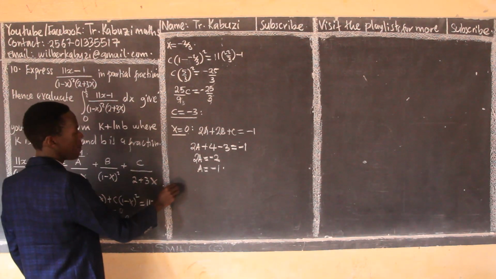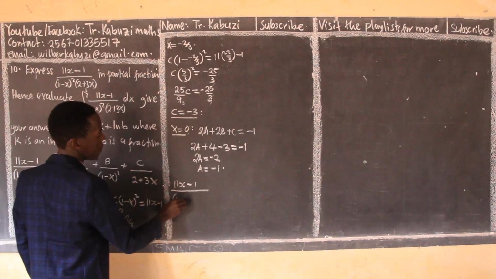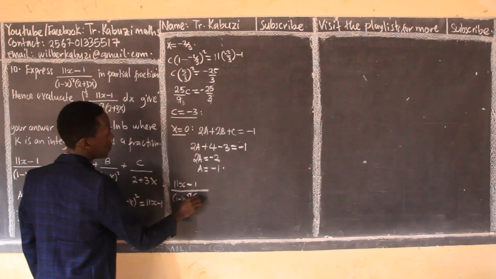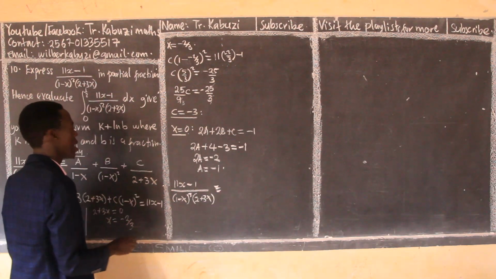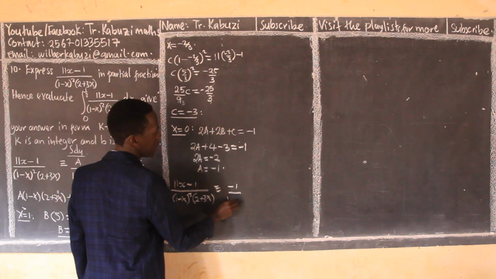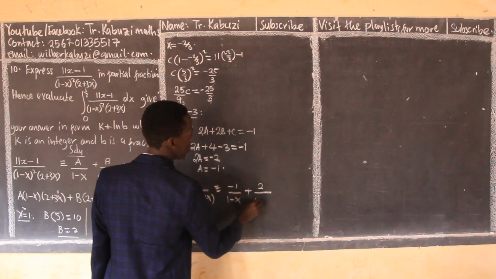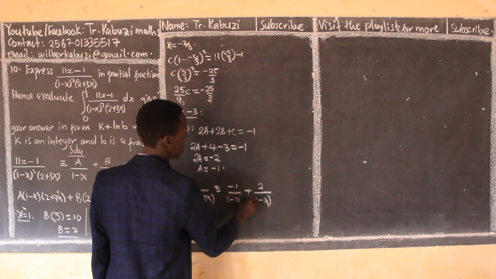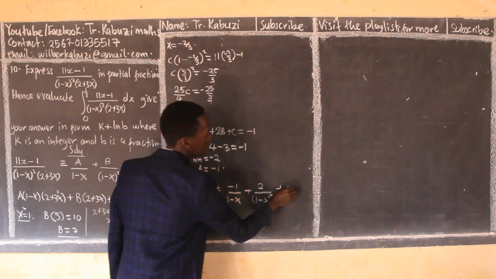Therefore, my 11x minus 1 expression is going to be, now my A, which is negative 1 over 1 minus x, my B, then plus my C, which is negative 3.